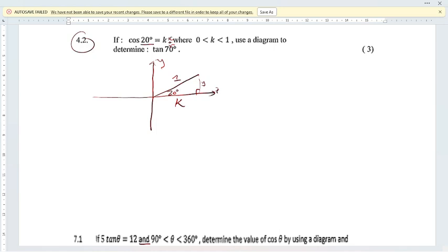Why use Pythagoras? We have a right angle. Now we're going to say r squared equals x squared plus y squared.